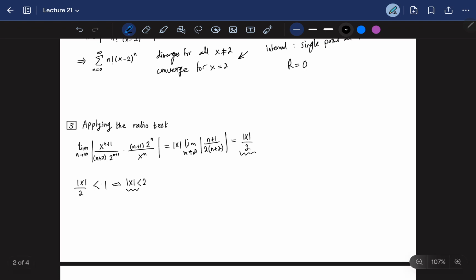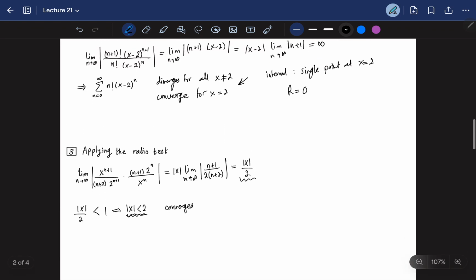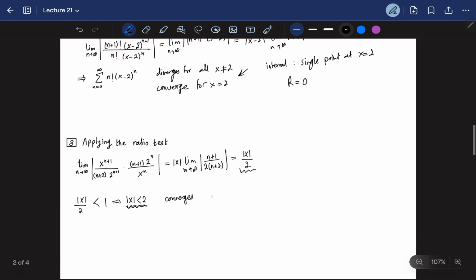So when this is true, by the ratio test, the power series converges. If you remember the properties of absolute value, it's going to be between -2 and 2. So here the radius of convergence is 2.